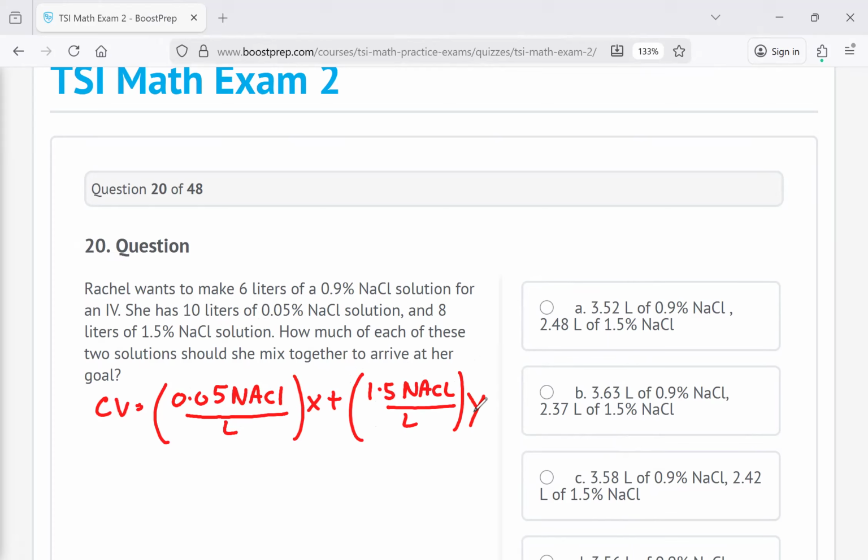So we know one desired concentration, right? We know that concentration is equal to 0.9 NaCl per liter. And the total volume, they tell us, is 6 liters. So that's what we know.